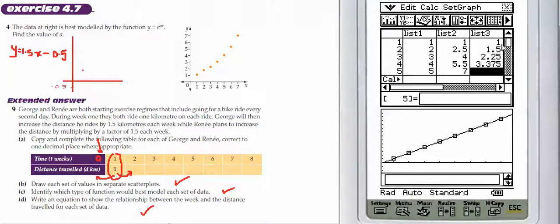So I'm multiplying by 1.5 each week. 3.375 by 1.5 and so on. Okay, I'll copy and paste, times 1.5.